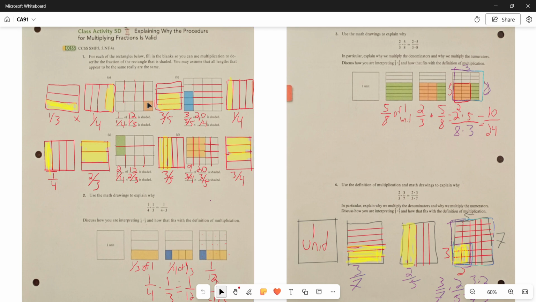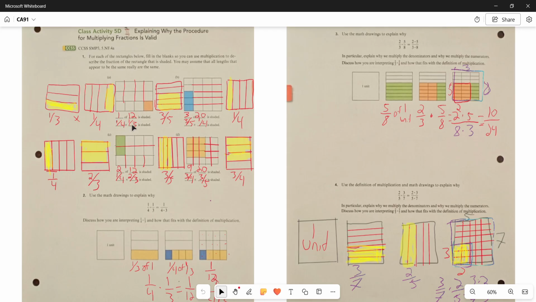I see that my smaller breakdown is this particular row right here, which is broken down into four blocks with one of them shaded. So that is 1/4, and I put that on the front because I'll explain that in a second.